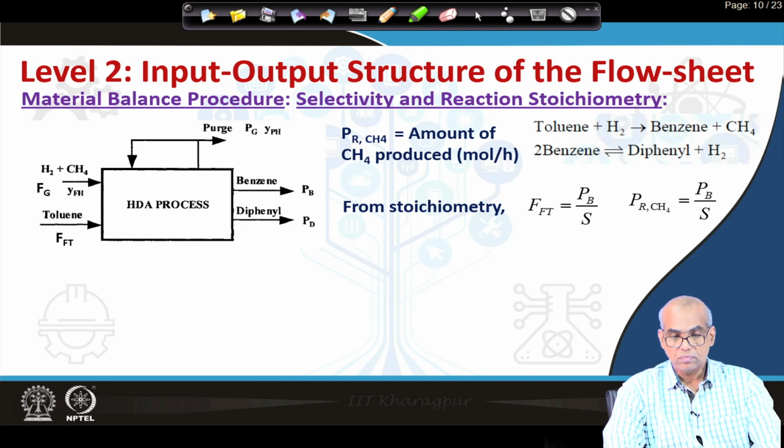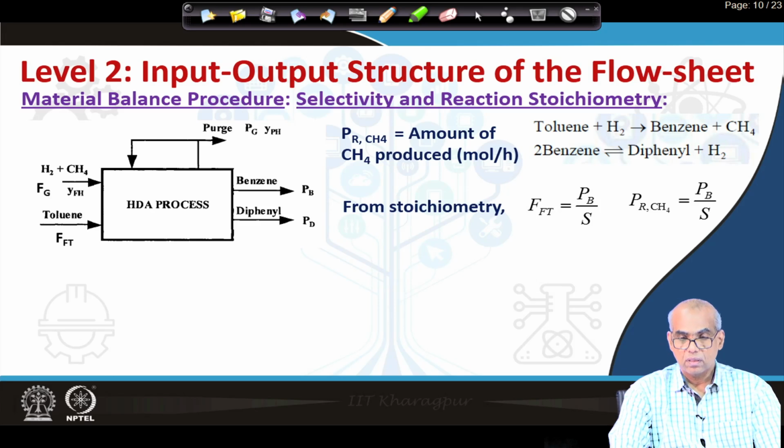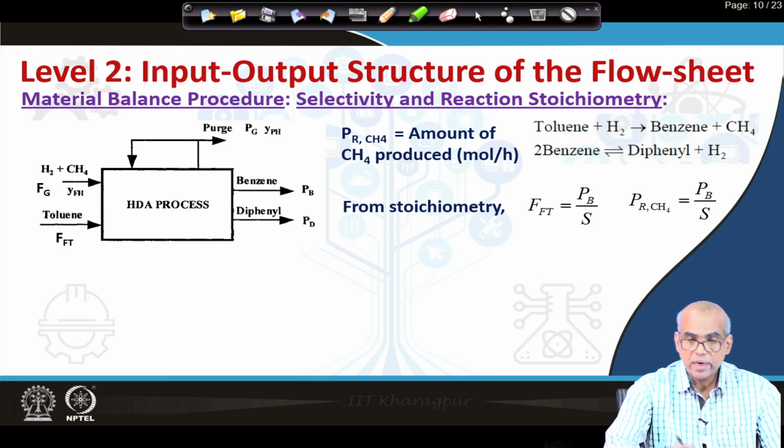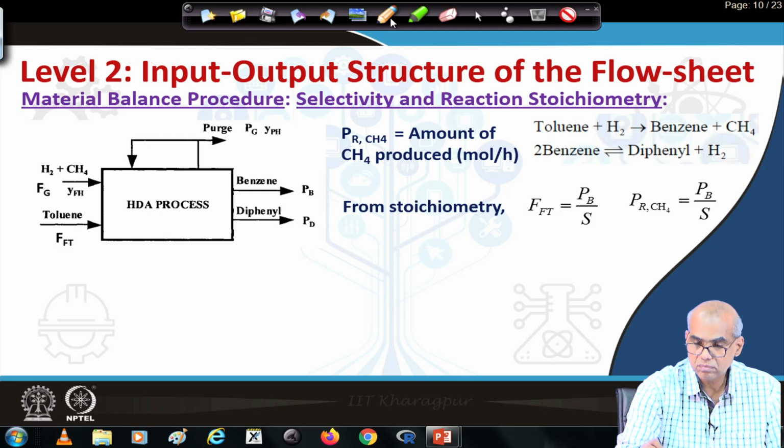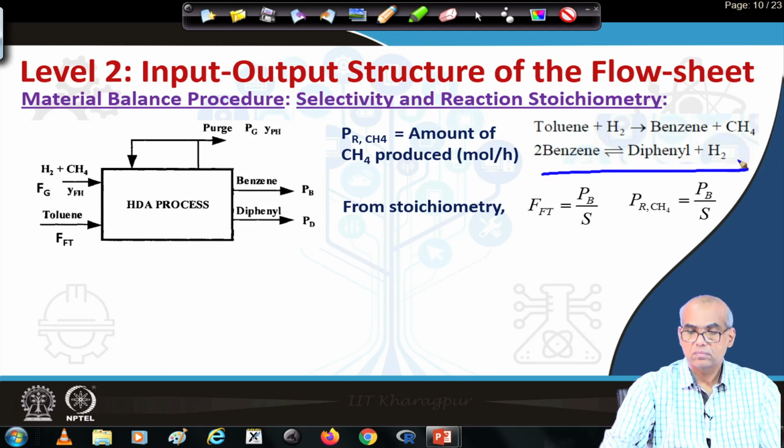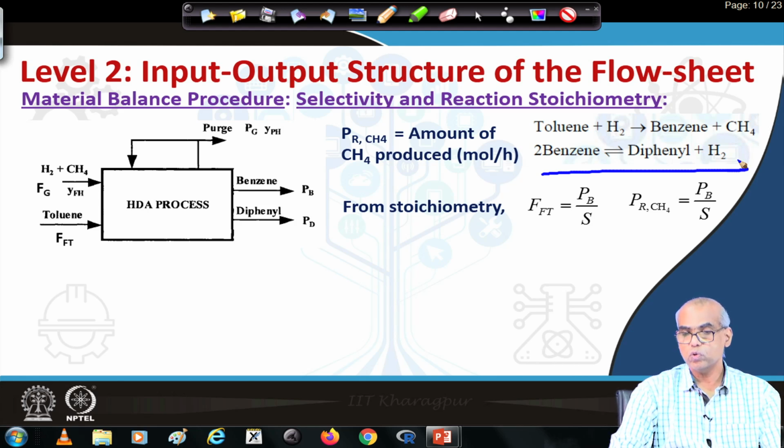Now, look at the reaction. So, 1 mole of toluene reacts with 1 mole of hydrogen to produce 1 mole of benzene and 1 mole of methane.